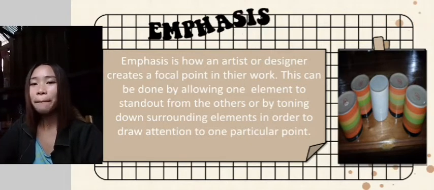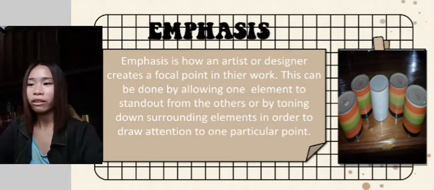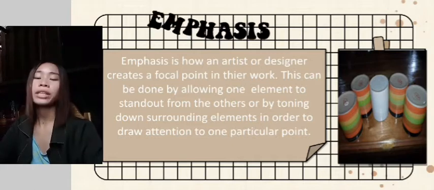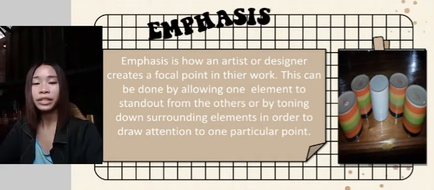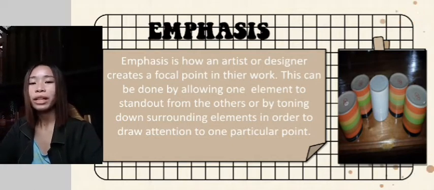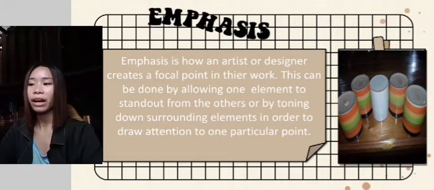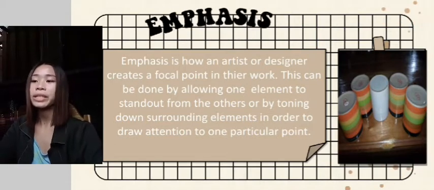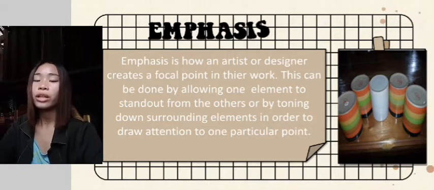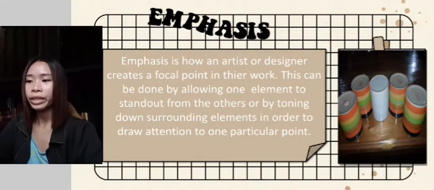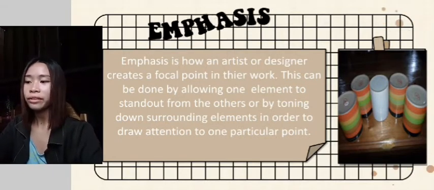So, adding emphasis is a way of achieving a focal point, also called a center of interest. A focal point is an area where the viewer's attention is drawn to and where the eye tends to go to the center.